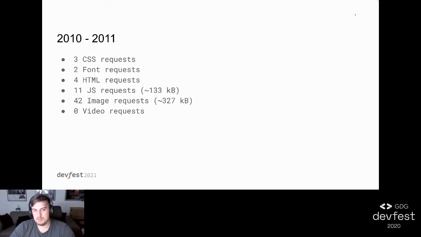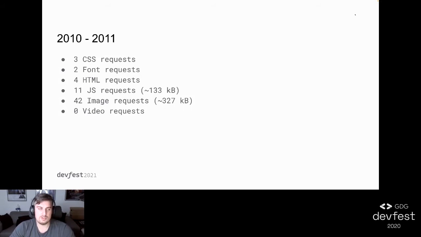But then again, remember, maybe 10 years ago, if you've done some web design and web development, some of the things that we added to the web pages were controlled by images. So these are not necessarily actual images of products or cats and dogs, but rather also part of the UX design. And of course, there were no video requests.